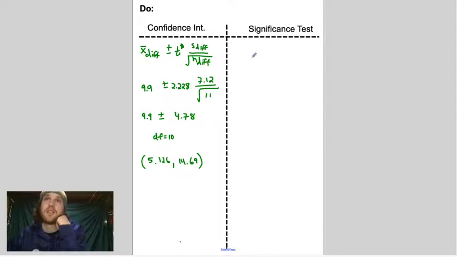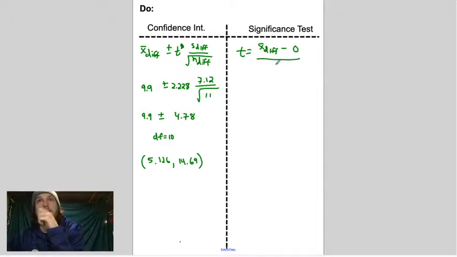Remember, H naught is that the difference is 0. 0 is not a plausible value in our confidence interval. So we're going to do our t value, which is equal to x bar sub diff minus our hypothesized value for mu, which is 0, all divided by s sub diff divided by the square root of n sub diff.